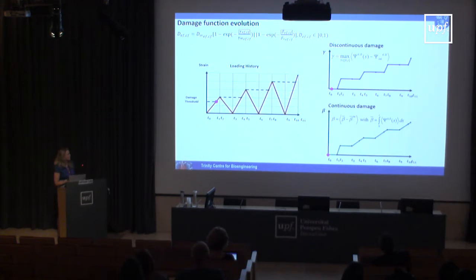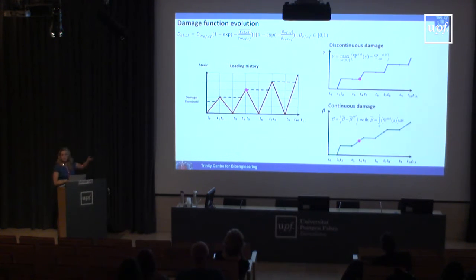And then when we go beyond that damage threshold, you'll see that your discontinuous damage and your continuous damage over here on the right do increase. Now, when we unload, we don't see any additional damage incorporated into the tissue. But now, as we load back up to where we previously were, we don't see discontinuous damage, but we do see the continuous damage. Until we exceed that load, will we see discontinuous damage, or gamma increase, okay?